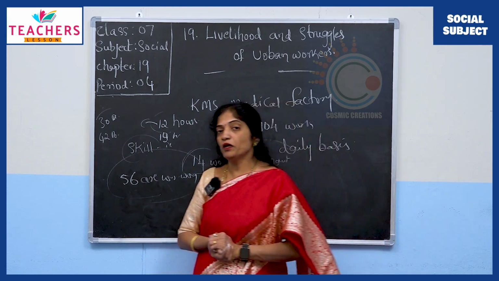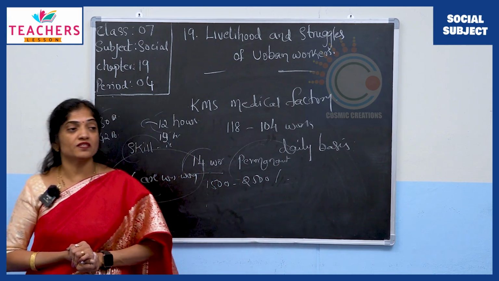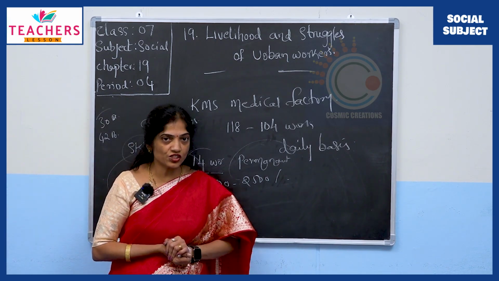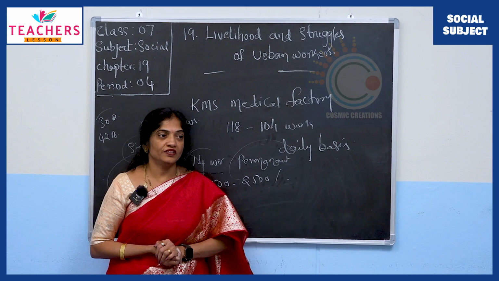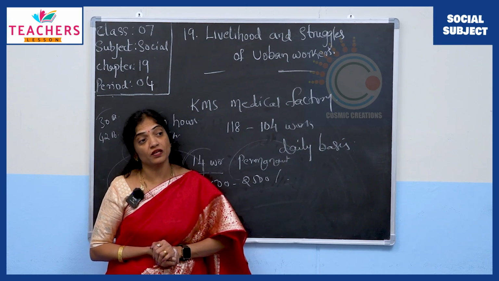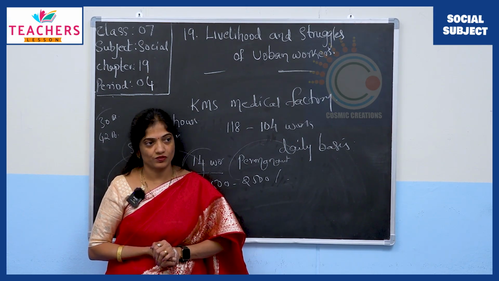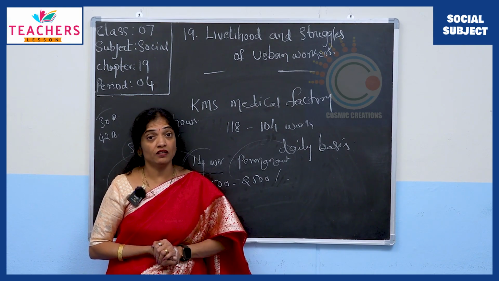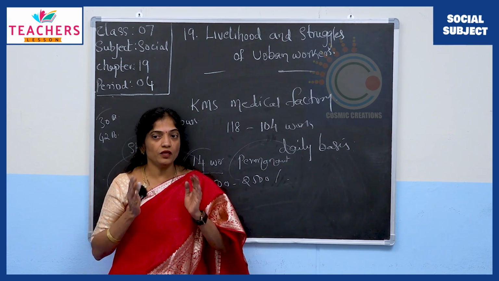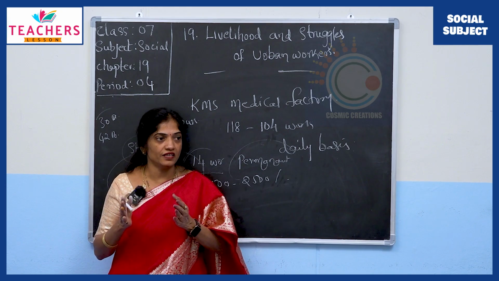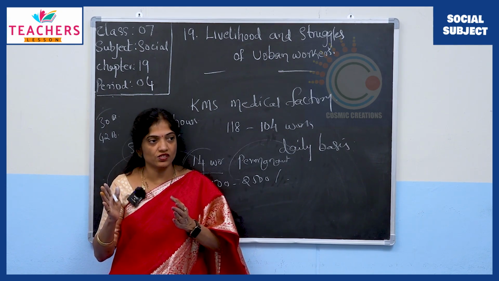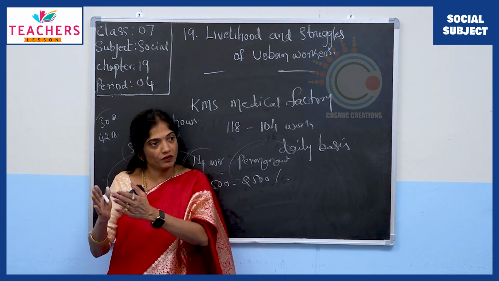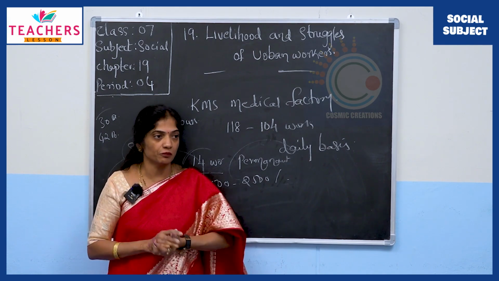Because if these daily basis workers come continuously in a company, there will be a chance to make a person permanent. There is one law: if any person is working for these many days, after reaching a certain stage, they have to make that employee a permanent employee.